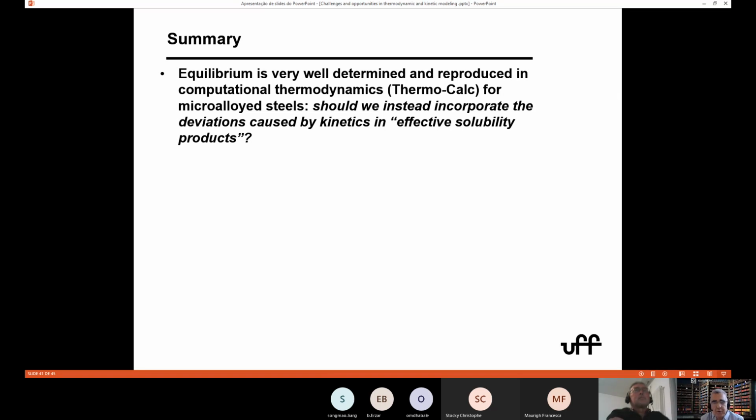If you have a steel that you have done many times and you want to control the production, you can look into your statistics, use artificial intelligence, or use whatever data mining, and then you can derive all the parameters without worrying about thermodynamics. But if you want to develop a new steel, this is not going to work. So you have to use robust techniques. And I think computational thermodynamics is this tool now.